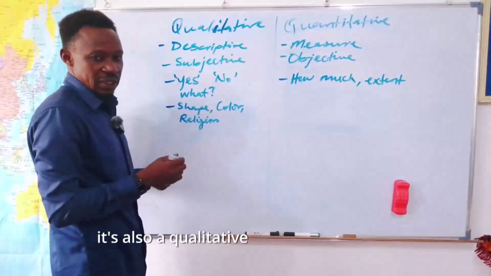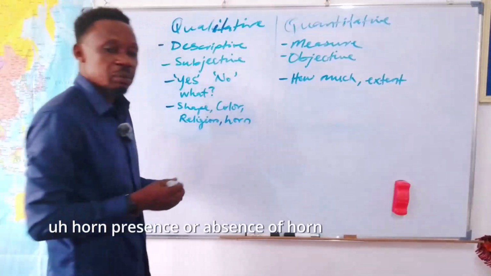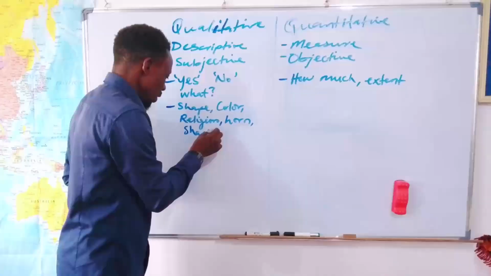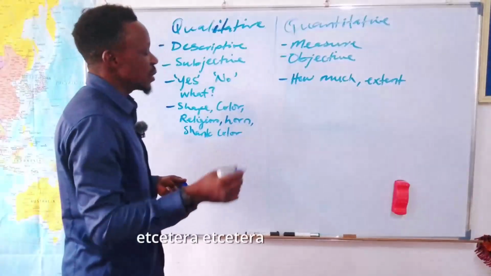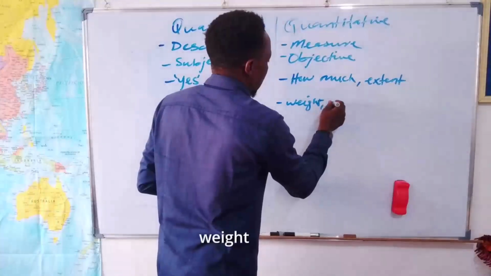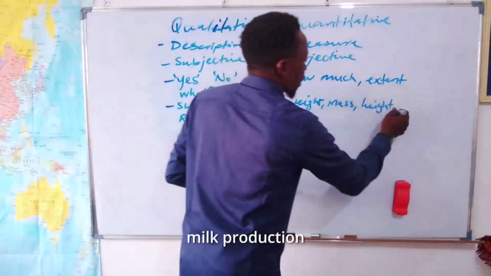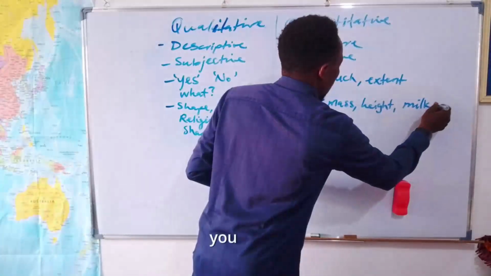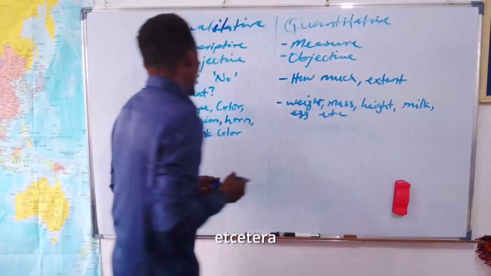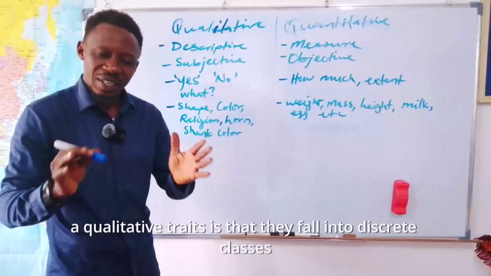It's also qualitative data, skin color, horn, presence or absence of horn, the presence or absence of hump, shank color, etc., etc. Whereas quantitative traits have to do with weight, mass, height, milk production, eggs, etc., etc. One other major thing you need to know about qualitative traits is that they fall into discrete classes.